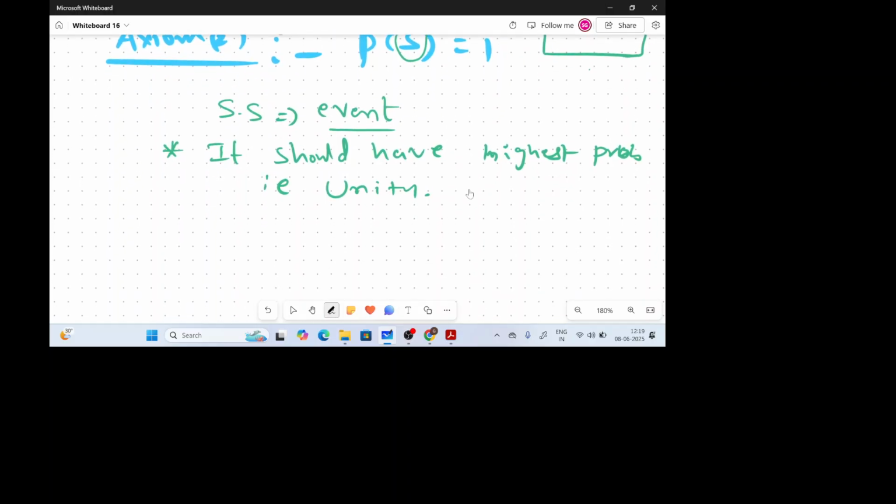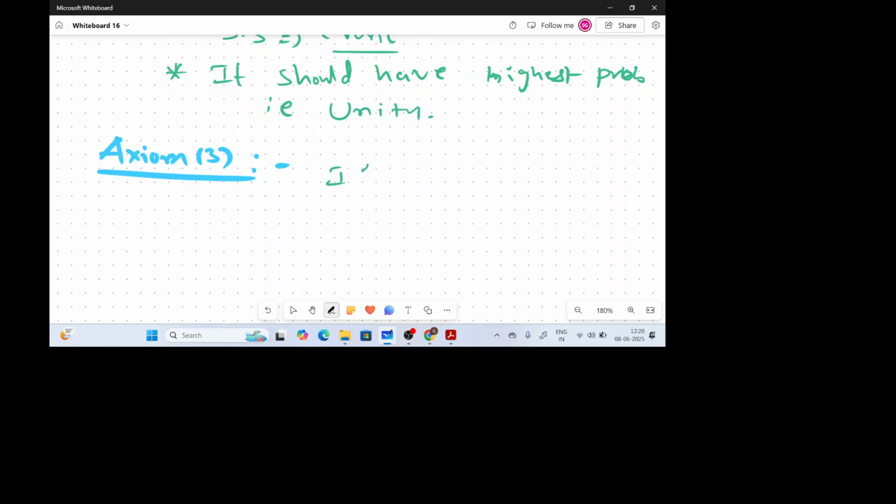Now come to axiom 3. What does axiom 3 state? Right. So according to axiom 3, if a sample space S has n elements, what are those n elements?